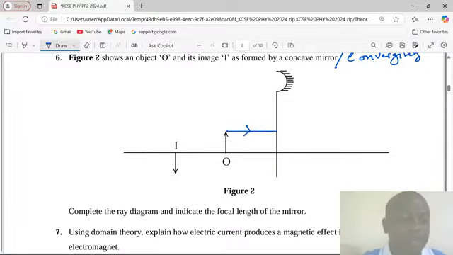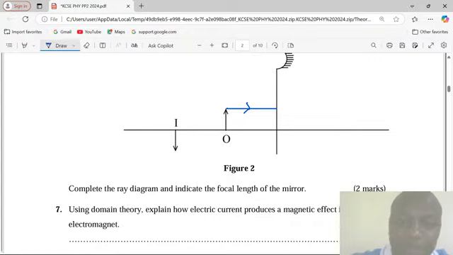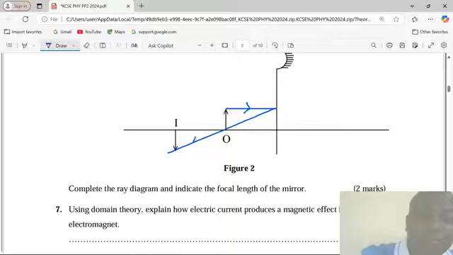This one is usually reflected through F. Now we don't have F, but we have the tip of the image, so as it passes through F, it will connect with the tip of the image. Therefore, through the tip of the image, we will have our implied F. F is going to be here. This is the principal focus, F.